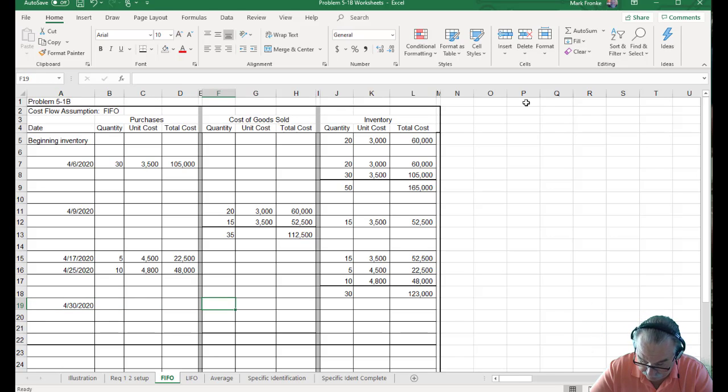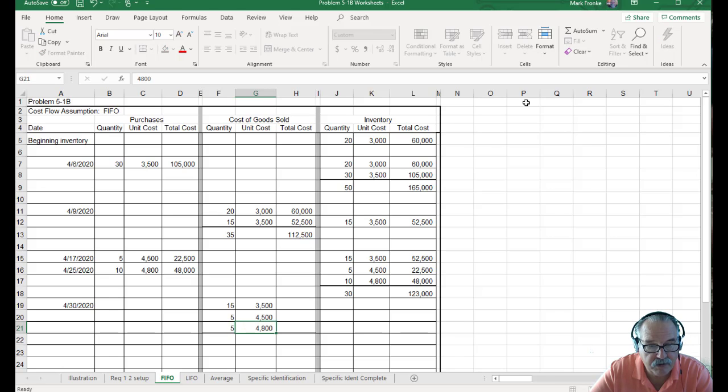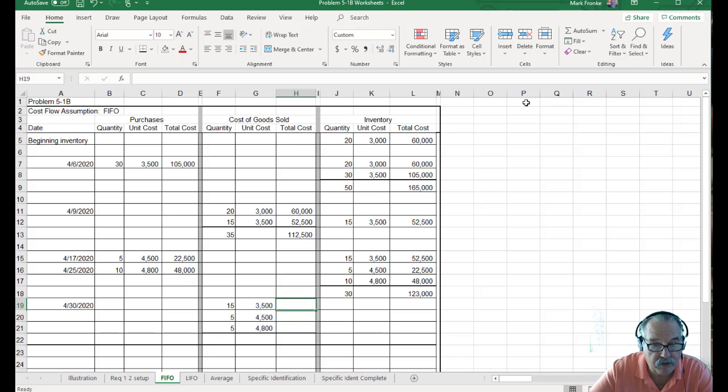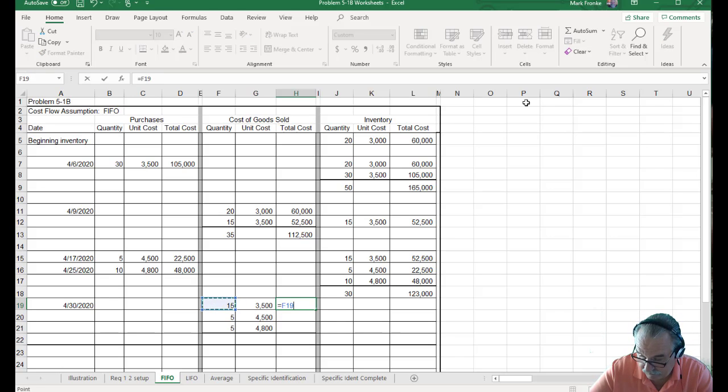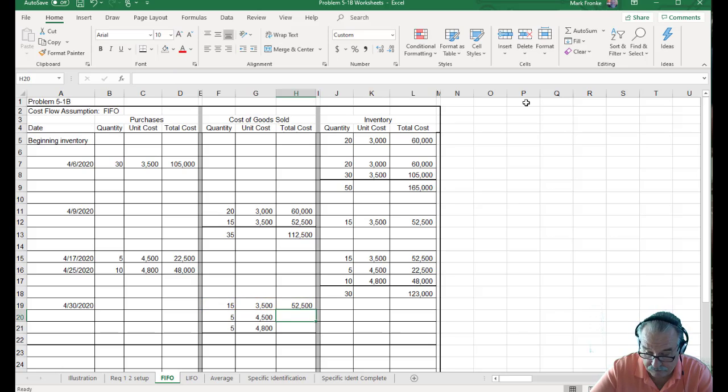So the 25 we sold, again, we're using a FIFO, is the 15 at 3,500. We sold 5 at 4,500, so that's 20. So we sold 5 of the last group, the April 25th stock.